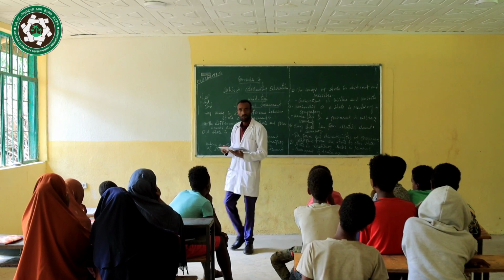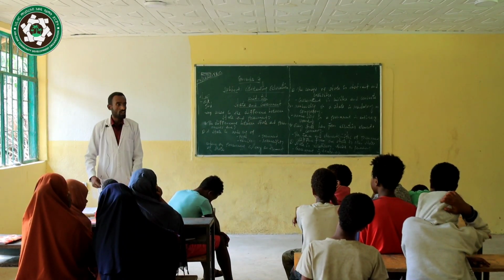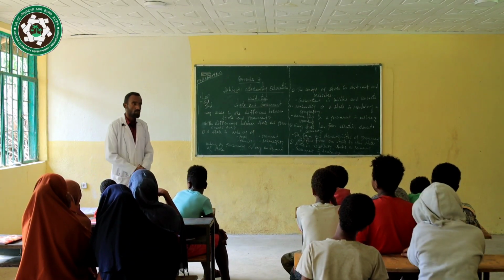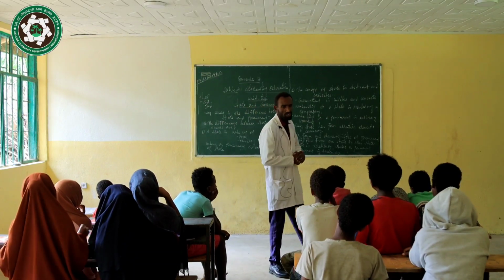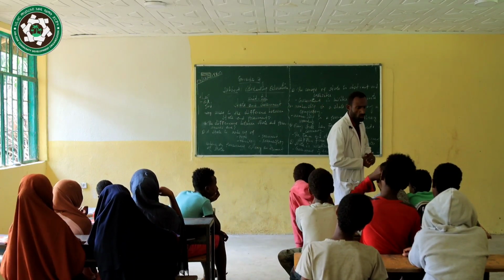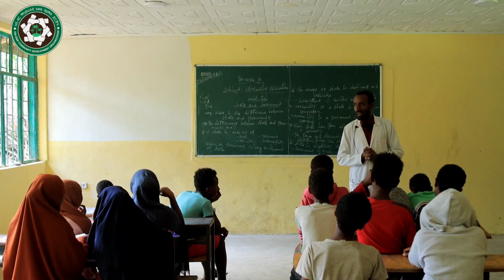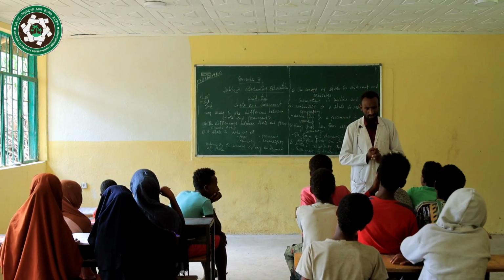In the next class we will continue. Now it is enough for you. We will continue with unit 3 or chapter 3. What does democracy mean? The meaning of democracy. The word democracy comes from what? The etymological definition of democracy. Where does democracy come from?